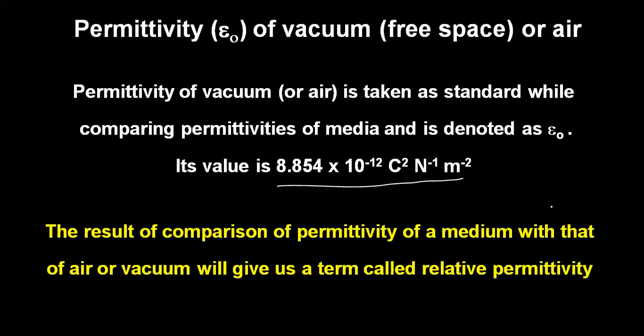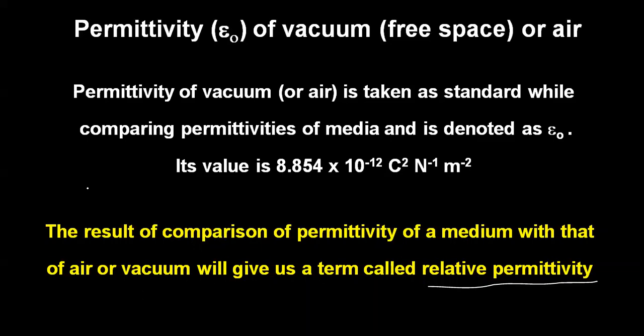Now, the result we get on comparison of permittivity of a given medium with a standard, that is nothing but permittivity of air or vacuum, will give us a term which we call relative permittivity. Whenever you want to compare two quantities, mathematically, we have to find the ratio of those two quantities.